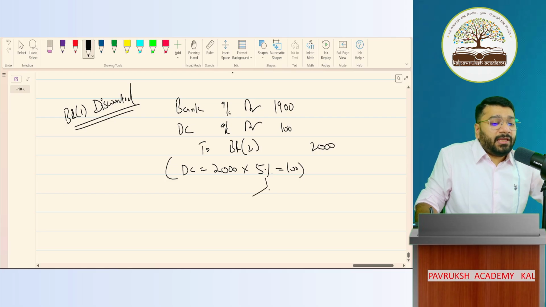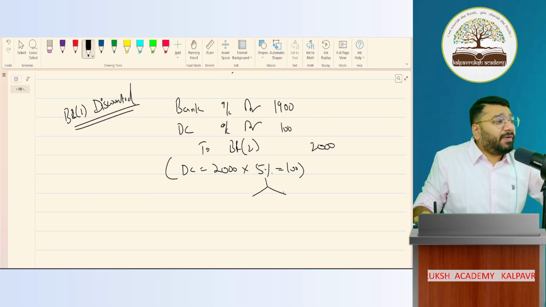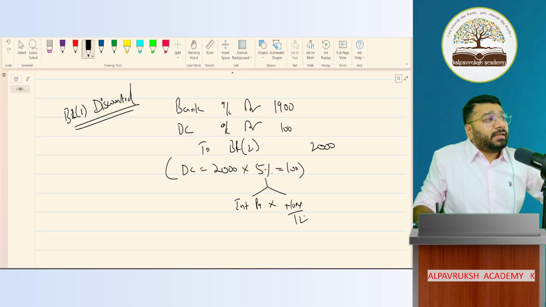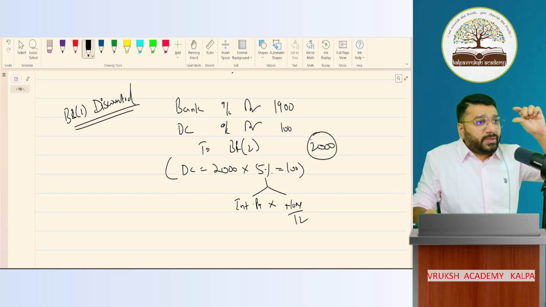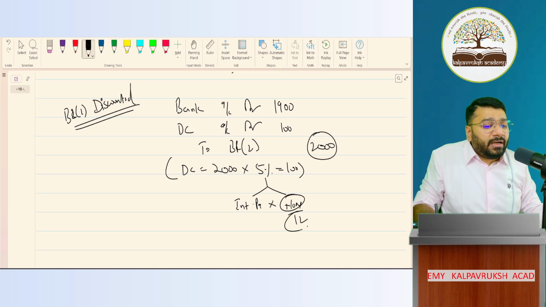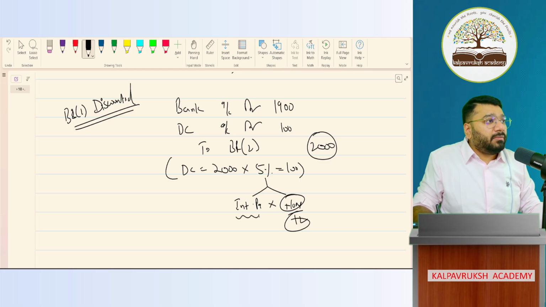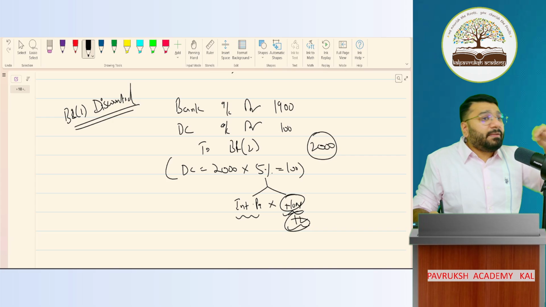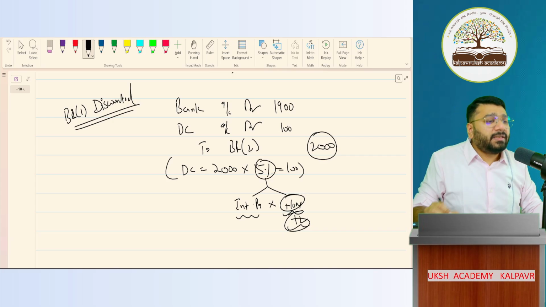For people who are still giving me puppy face look, this 5% means there would have been some interest percentage on per annum basis, into number of months by 12. In the amount which I'm getting from the bank, I would have got for some credit period, 1 month, 2 months, or 3 months. That is called the credit period by 12. So with the interest per annum, if number of months by 12 is already multiplied, you will get this percentage.